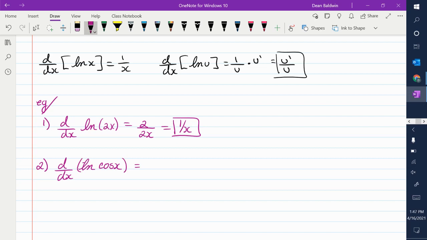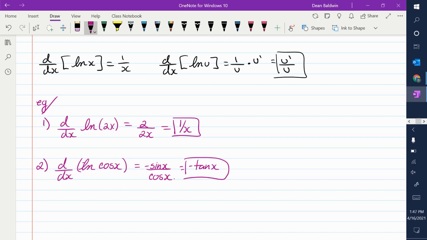So what my function is, cos x goes in the denominator. What goes in the numerator? The derivative of cosine, which is negative sine. Which you could write as negative tan if you really wanted to, but you don't need to. That's it. That's how you do derivatives in natural logs.